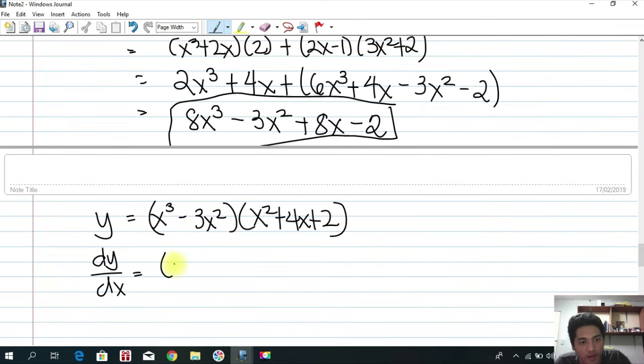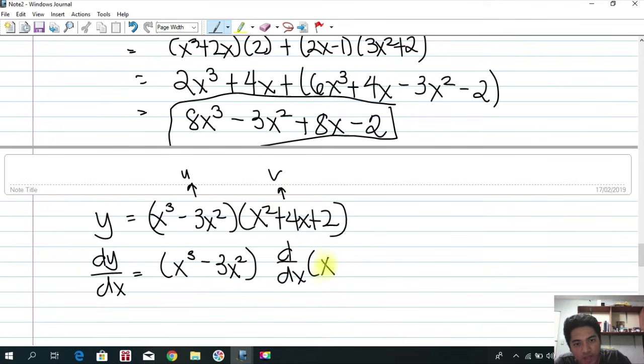So again, copy first the first, that shall be our u, and this shall be our v. First term, x cubed minus 3x squared, times the derivative with respect to x of the v, which is x squared plus 4x plus 2, plus copy the v, or the second term, x squared plus 4x plus 2.